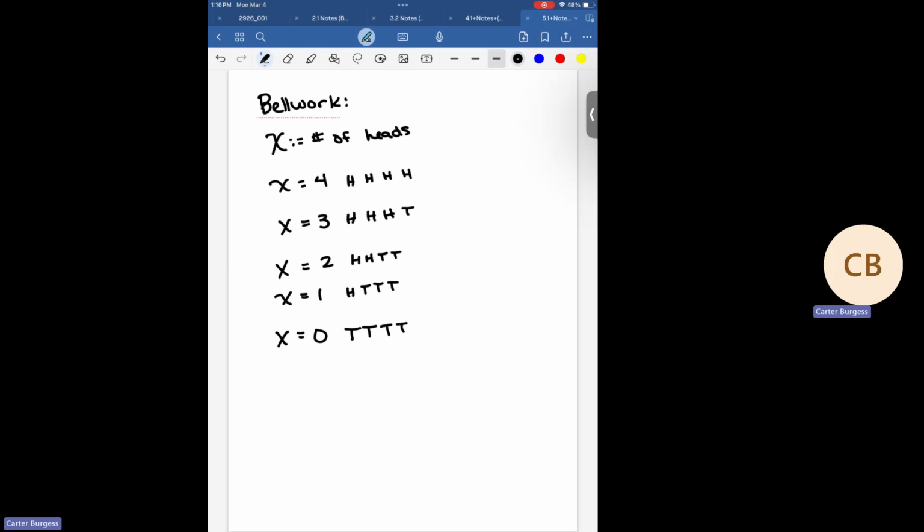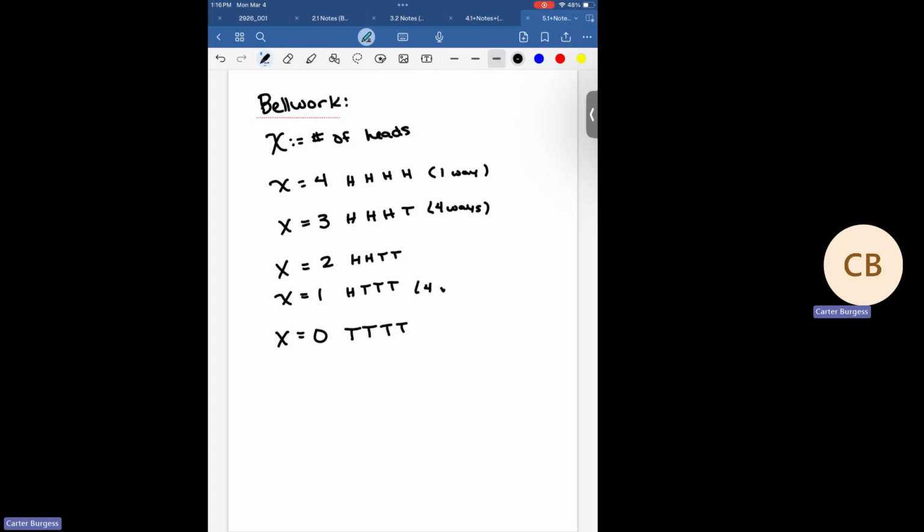For instance, if we're thinking about the number of locations that I have for where this T could go, I could have it first, second, third, or fourth. So there should be 4 ways to do this. If we're looking at heads, heads, heads, heads, well, there's only one way that we're going to be able to do that. Should be symmetric on the other side as well.